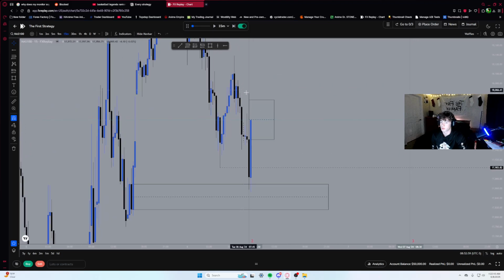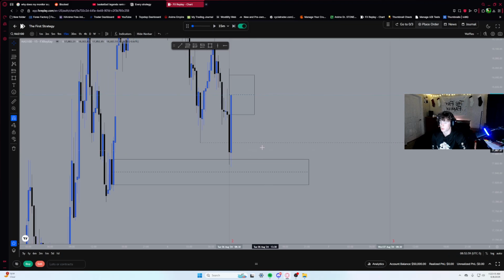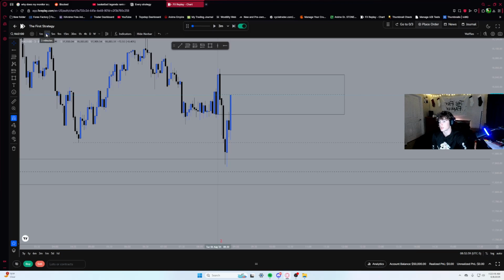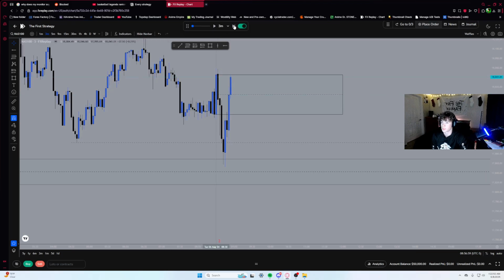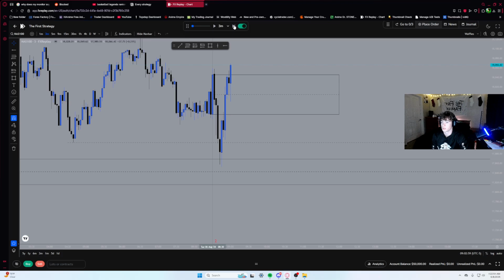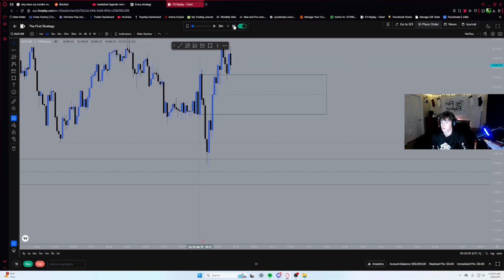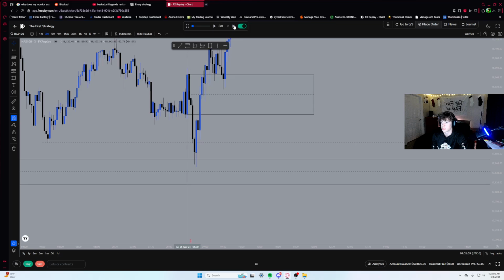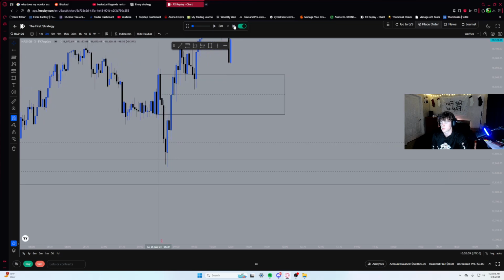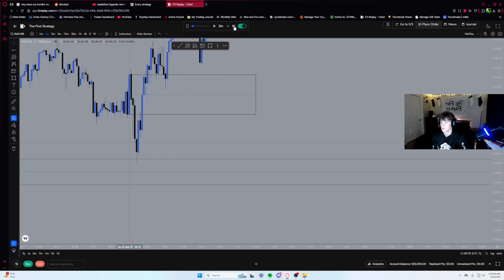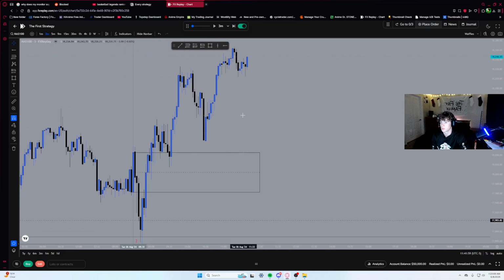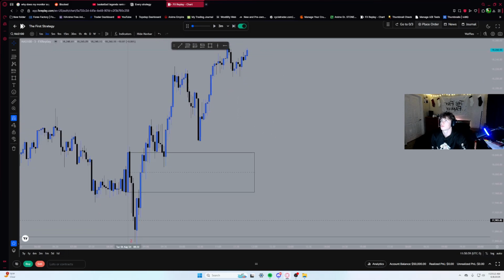We reacted off this 15-minute order block to the downside. It looks like this was definitely more respected. I won't take a trade until I see a trade out of another high time frame confluence next time. I want to break structure here. All right, let's look for a retracement to the order block. Okay.